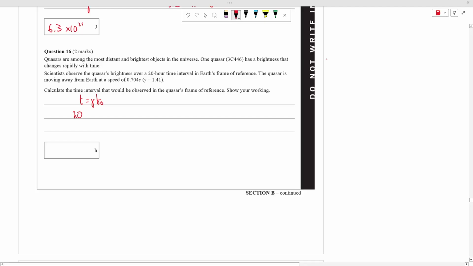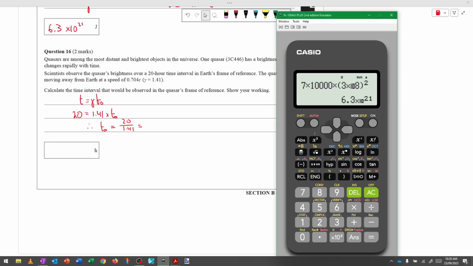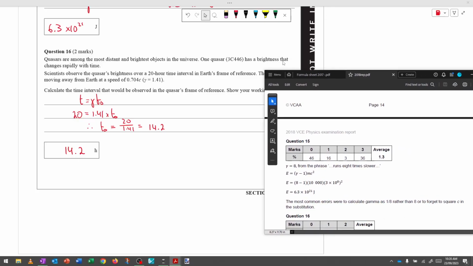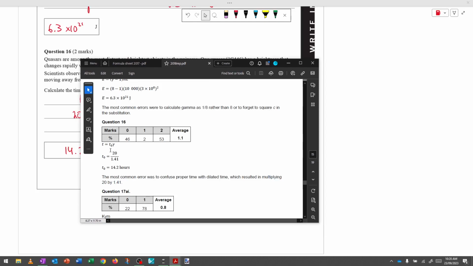So I'll just do 20 equals gamma, which is 1.41, times t0, and therefore t0 is equal to 20 over 1.41, which is 14.2 hours. Alright, let's check the report. Yep, there you go, 14.2.